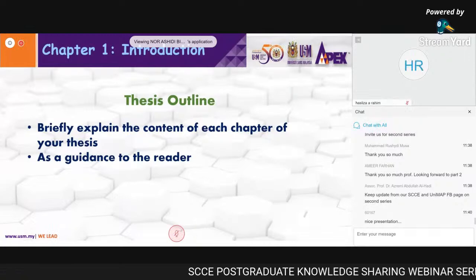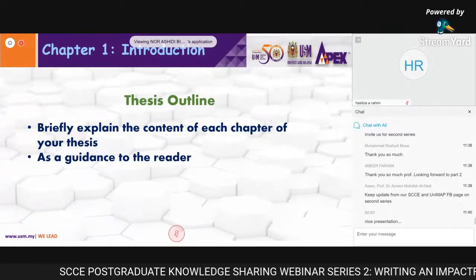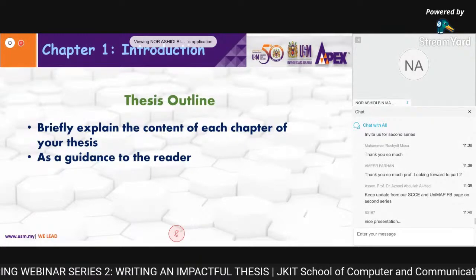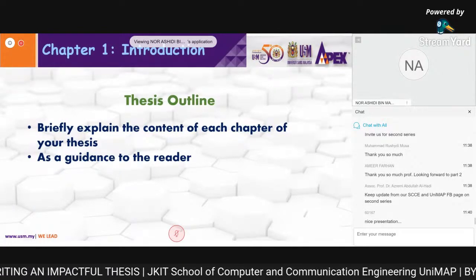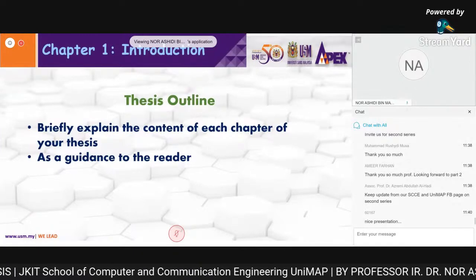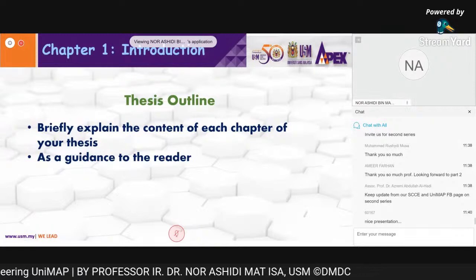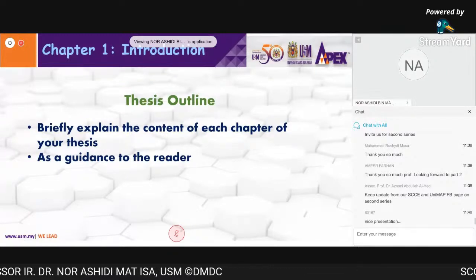A proposal is something where you only have the ideas about one problem, but maybe it can be implemented or it cannot be implemented at the end of the day.